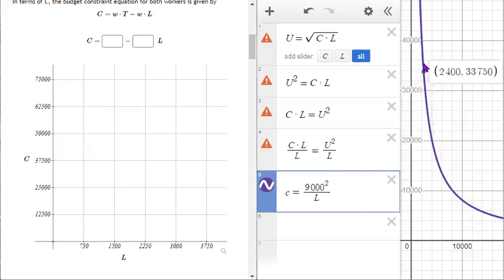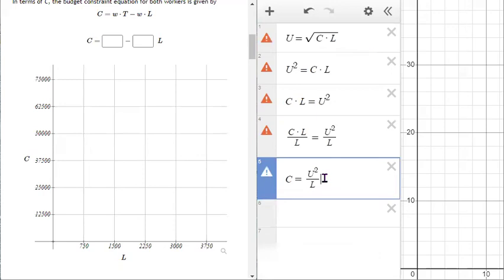And what's happening to leisure? Leisure is 2,000, and as leisure increases, consumption is decreasing, right? You see that? So that's our indifference curve if we hold utility constant.